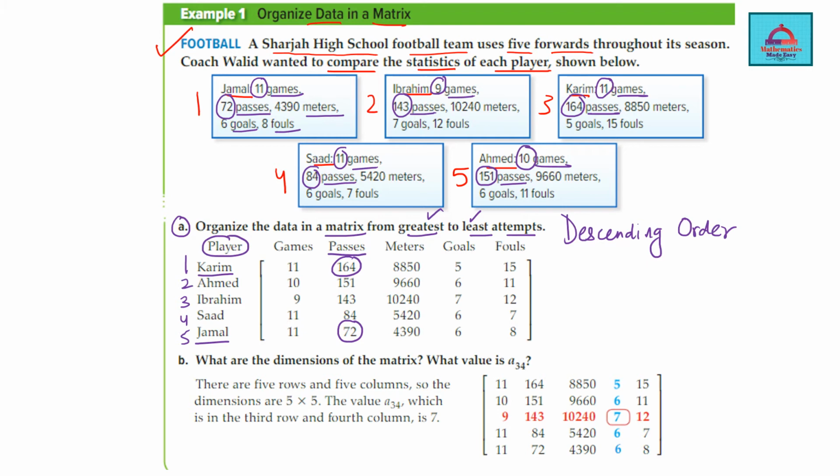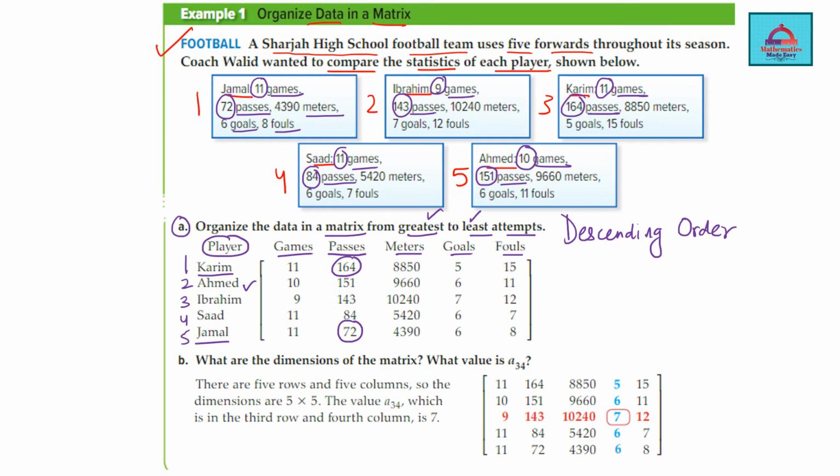And then on the top of the columns, we have the headings for games, passes, meters, goals and fouls. Accordingly for each player, we begin with Kareem: 11 games, so 11 here, passes 164, meters 8850, goals 5 and fouls 50. Now when you are putting the second entry for Ahmad, row 2, you have to be careful that you put the same entry below the other.